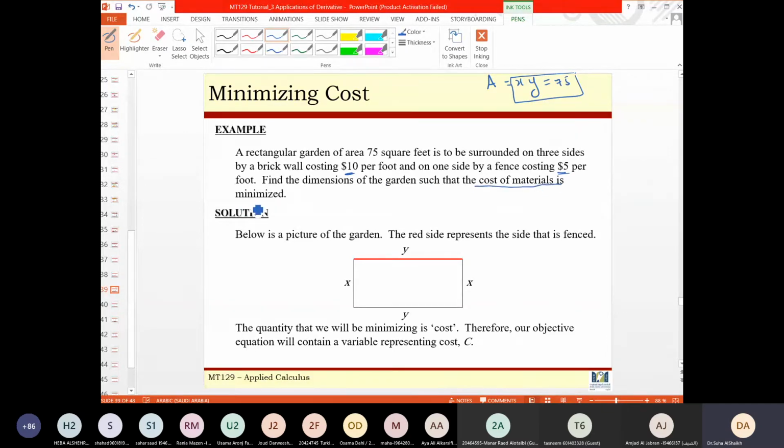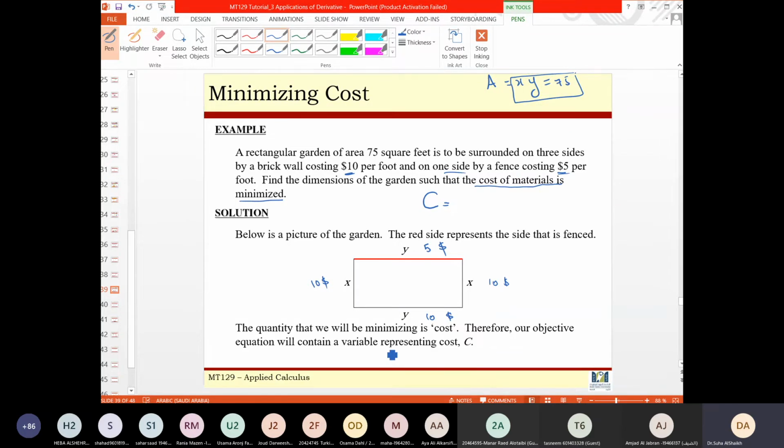So what do I want to minimize here? The cost of the material. Can you see? I want to minimize the cost. The cost of the material: on 3 sides, it is costing $10 here, $10 here, and $10 here as well. But on one side, the fence, it is costing $5 per foot.